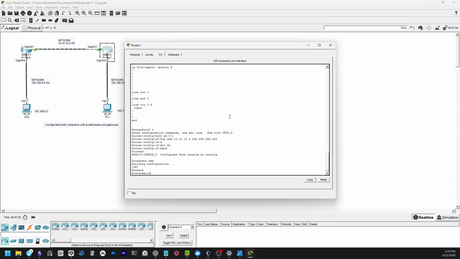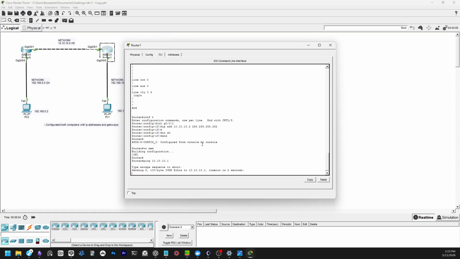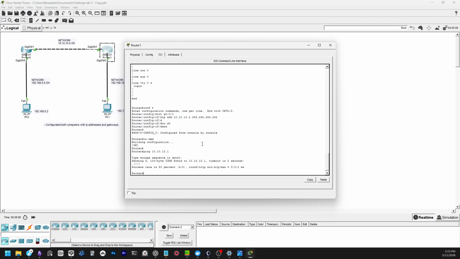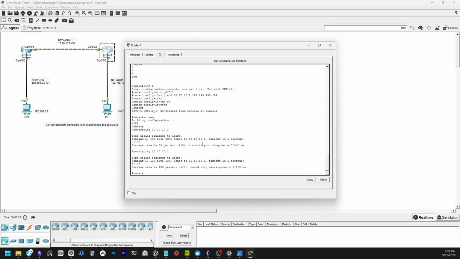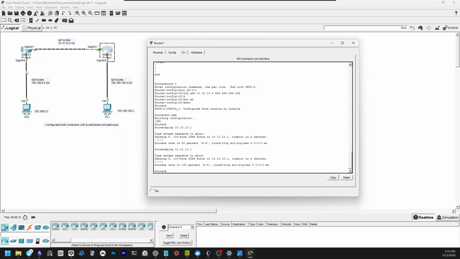Now I should be able to ping the other router from router one, because we're in router one right now. There you go. The first one's going to fail, that's just how simulation works. But now these two can communicate.